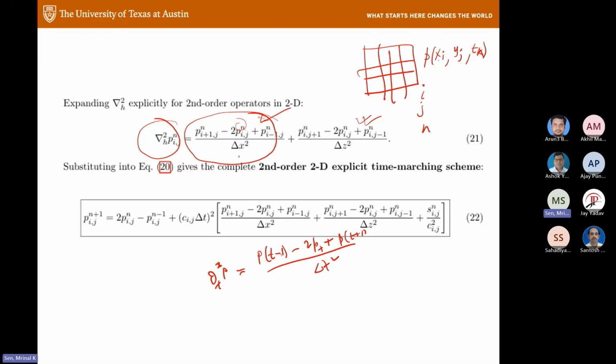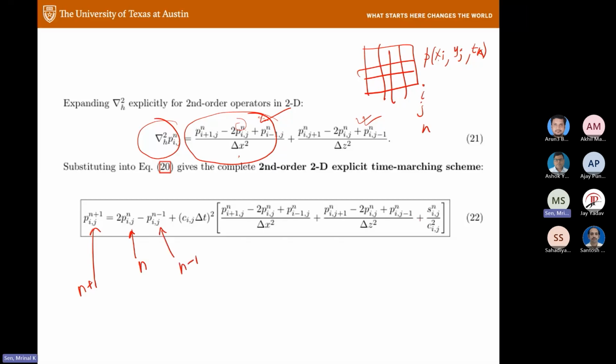So what I can do is I rearrange those in such a way that this is your at n plus 1 time step or t plus 1 time step. And on the right hand side, I have at n time step, this is at n plus 1 time step, this is at n time step, this is at n minus 1 time step.